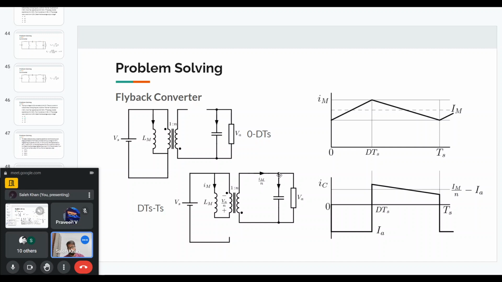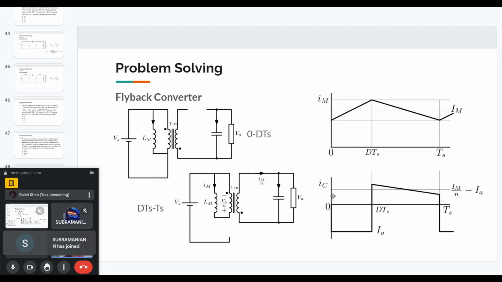Because at the secondary we have the output voltage across the secondary, it will be reflected in the primary as the output voltage divided by N. And based on the dot polarity, you can see that the polarity of the voltage will be such that the magnetizing current will continue to fall.